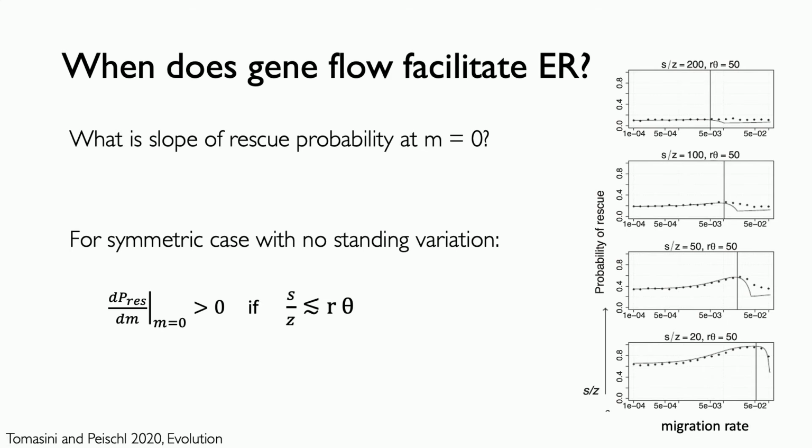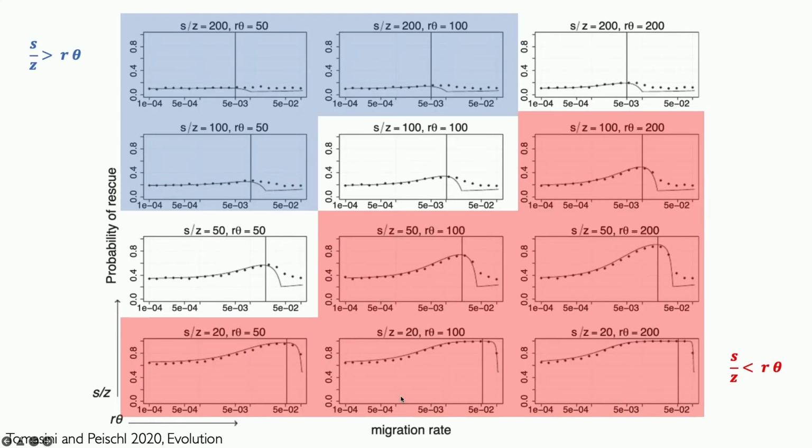If this relative cost of the rescue mutation is smaller than how quickly the population size declines times how quickly the change of the environment occurs across populations, so if theta is large, it happens more slowly, and if R is large, the population size declines quickly, that's exactly when we would predict that gene flow is beneficial for evolutionary rescue.